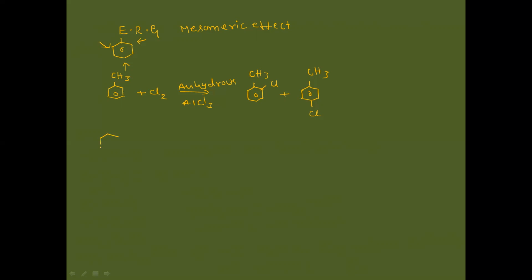Similarly, for example, if you have OH, which shows plus M effect, this will undergo nitration in presence of HNO3 and H2SO4. The orientation will be OH with NO2 at the ortho position, and OH with NO2 at the para position.